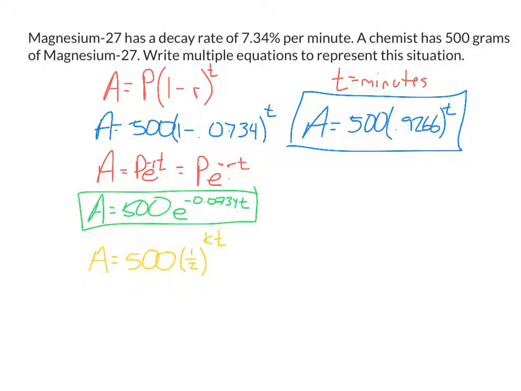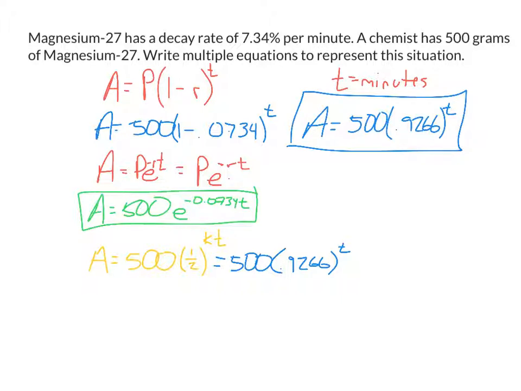Now I can set this equal to that blue formula we found up there, since I know that that is a true formula, and we can use that to solve for K.